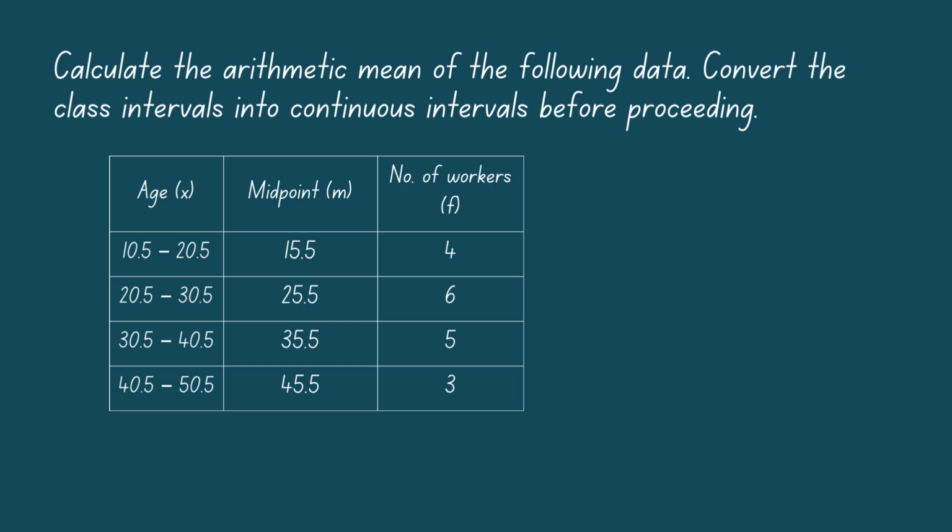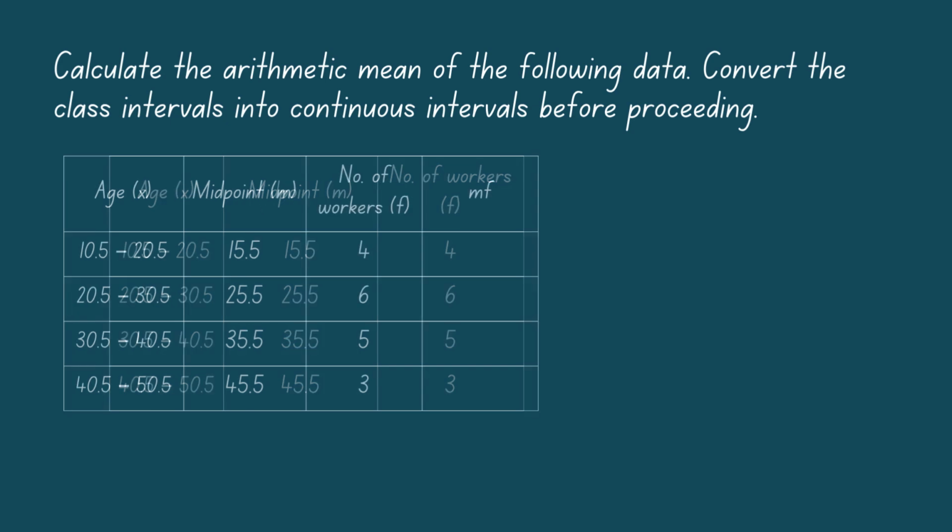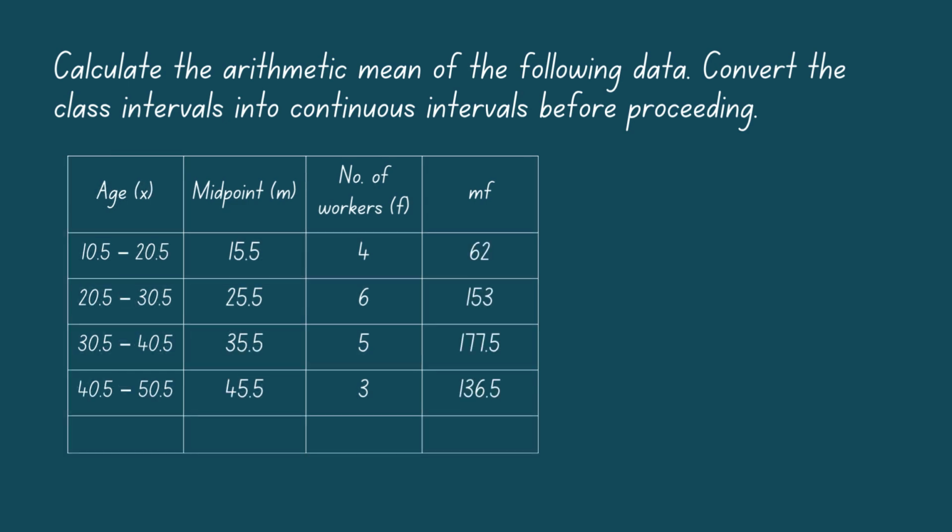And 40.5 plus 50.5 whole divided by 2, which is 45.5. Now we calculate the MF for each of the rows. So we have these values 62, 153, 177.5 and 136.5.